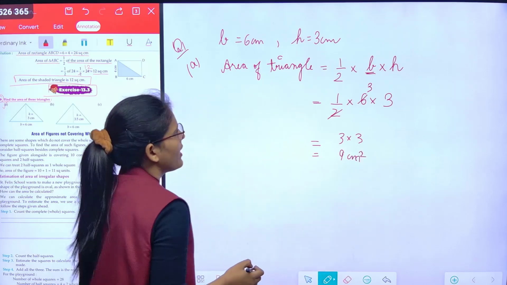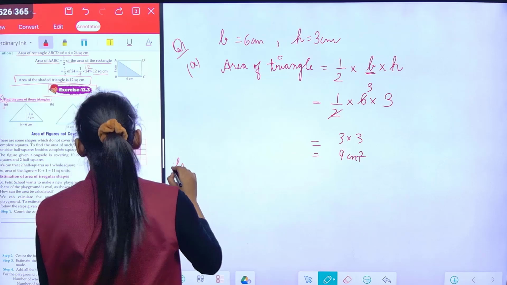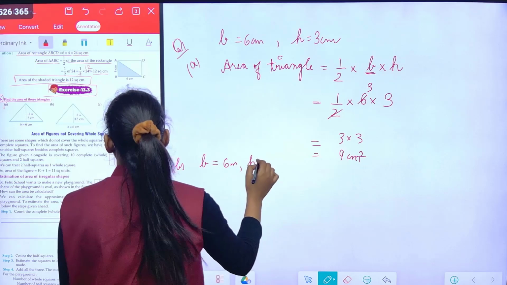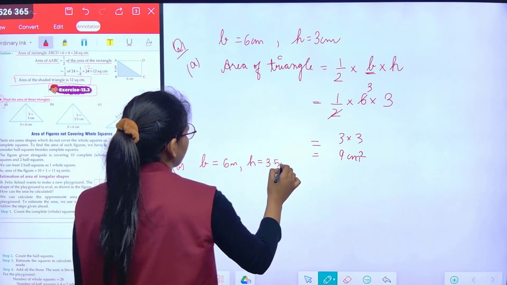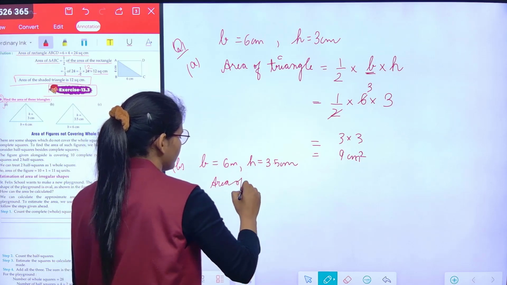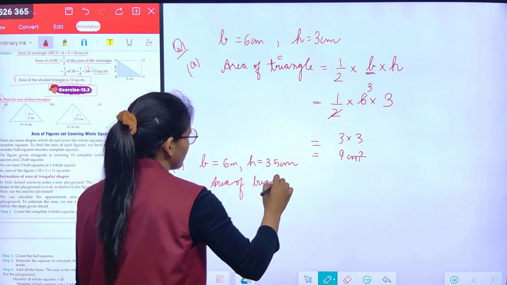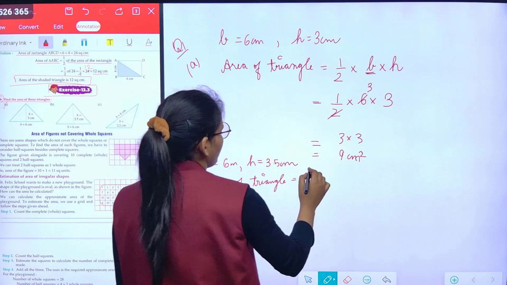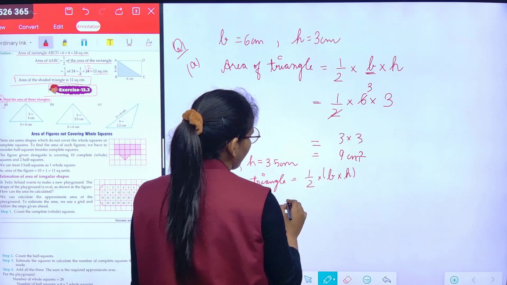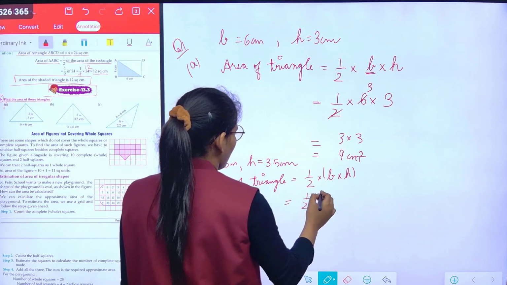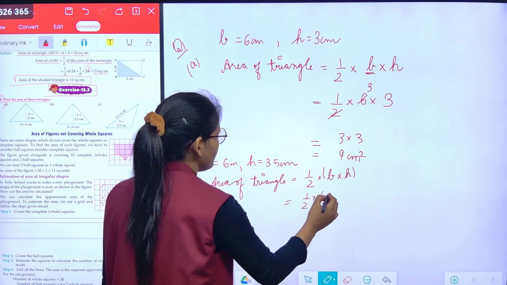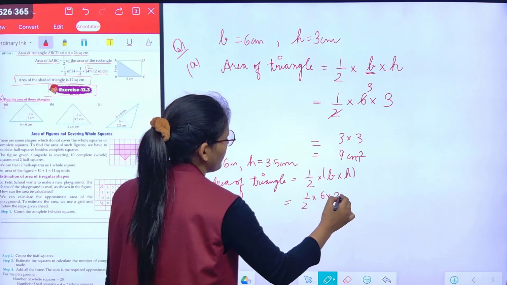9 centimeter square. Now class, see B part. Here base is given as 6 centimeter and height is given as 3.5 centimeter. Understand class? Now class, see, area of triangle again is equal to 1/2 base into height. OK, 1/2 base is given as 6 centimeter and height is 3.5 centimeter.